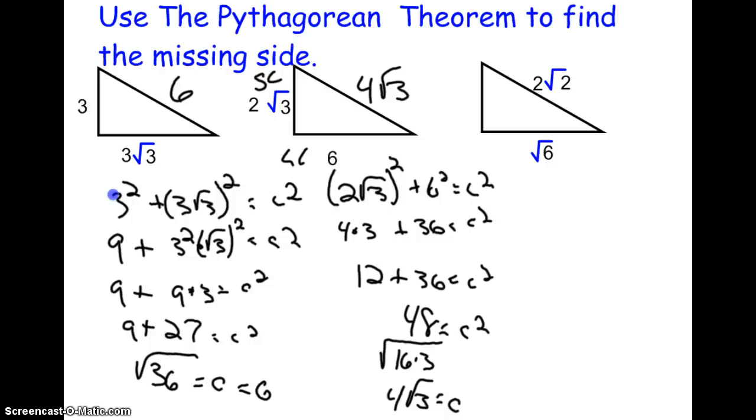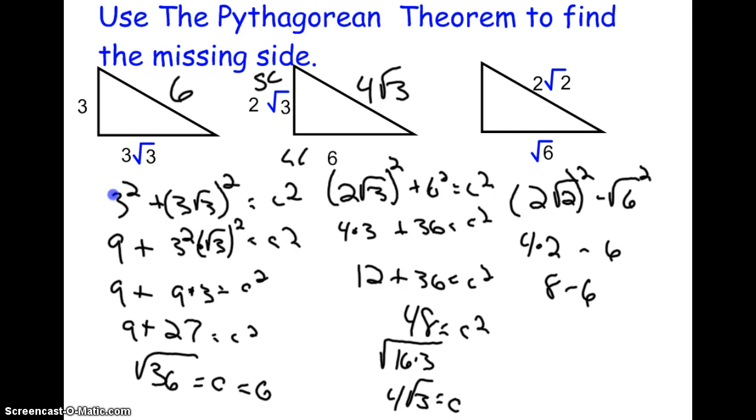Well, if I go further, I know that if I'm doing this, I've got to subtract the long side, the hypotenuse squared, minus the short side squared. Okay? Well, again, multiplying it out, 2 times 2 is 4 times 2. That makes 8. The square root of 6 squared is 6.